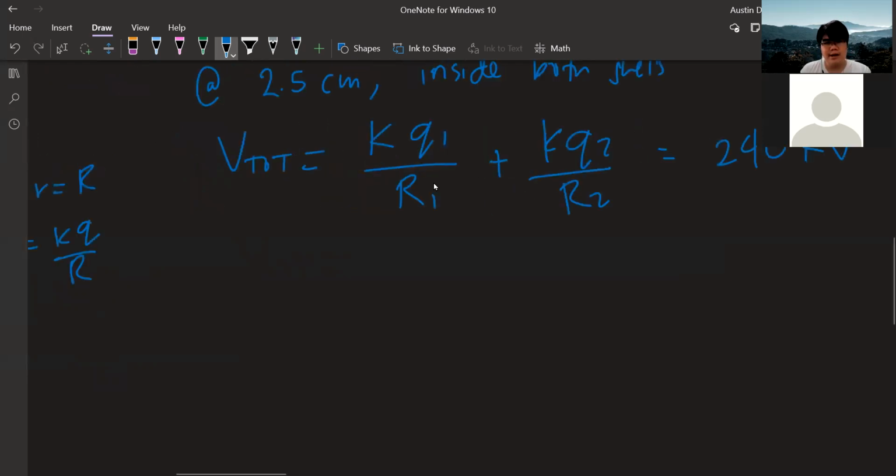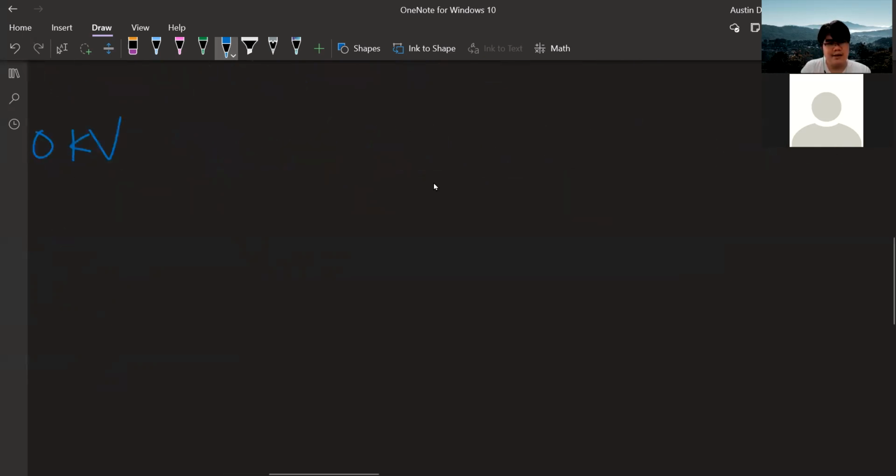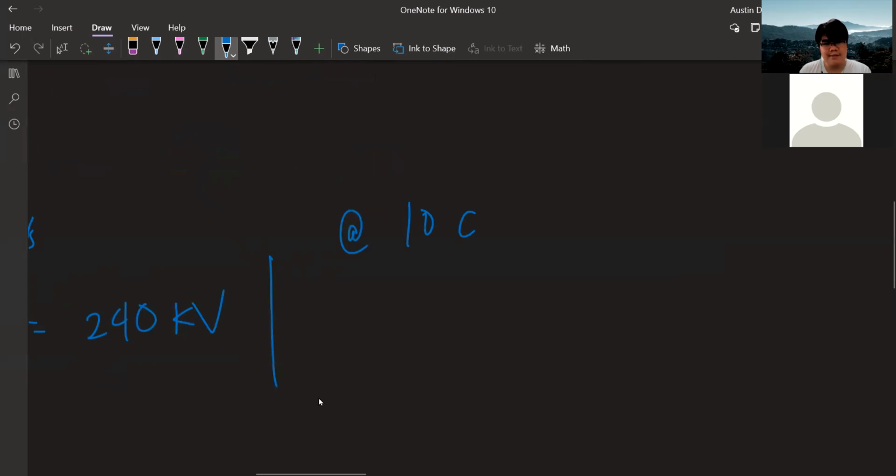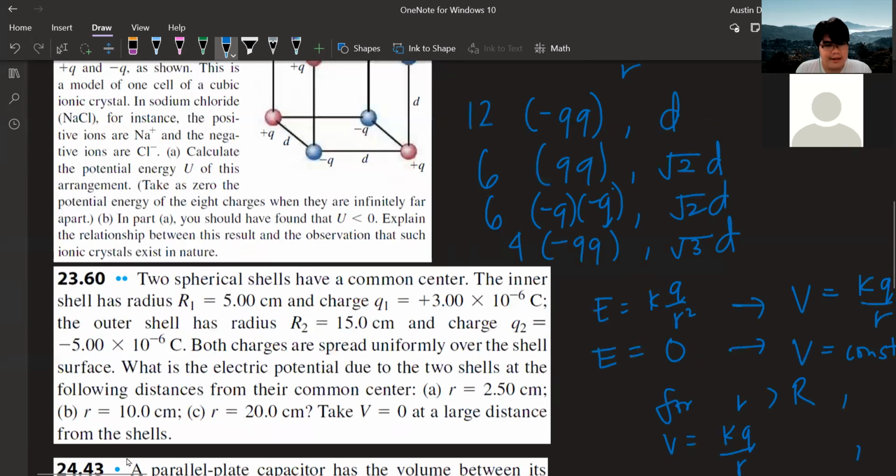Okay. And then at B, at ano yung pangalawang tanong? Sorry. At 10 centimeters, nasa loob tayo ng outer shell, but we are outside the inner shell.